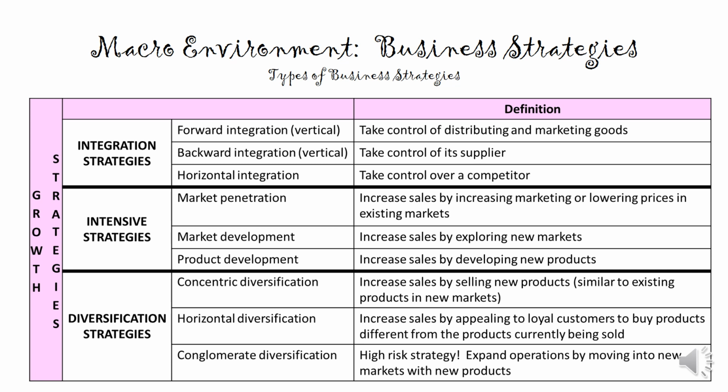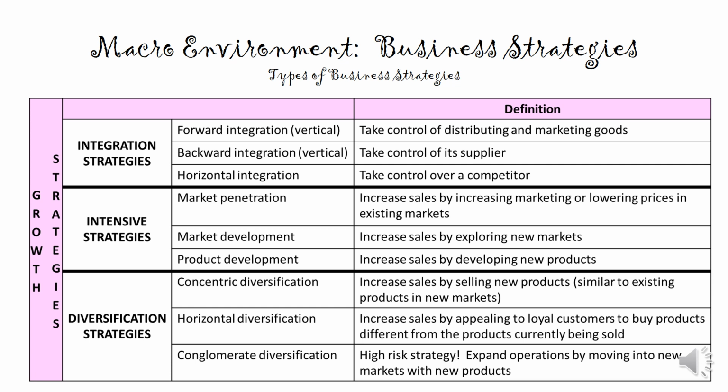Your diversification strategies, they are concentric diversification, horizontal diversification, and conglomerate diversification. With concentric diversification, we try to increase our sales by selling new products that are similar to the existing products that we are selling. Horizontal diversification, we appeal to our loyal customers to buy products that are different from the products that we are currently selling.